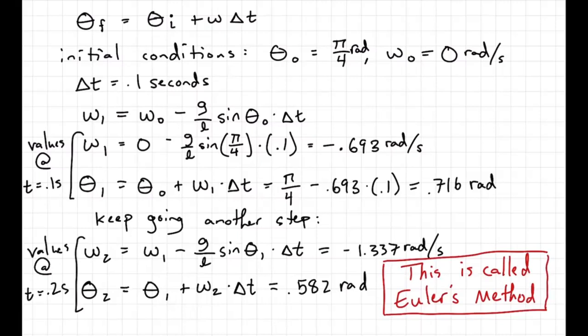You can see that the approximation that we're making is we're assuming that these quantities, this quantity right here, and this quantity, and this quantity, we're assuming those are constant for the time step when they're not. You might be able to make better approximations of their values during the time steps. Like say maybe you would use the average value of theta for a time step, or the average value of omega for a time step. But Euler's method is pretty straightforward, and that's what we'll use here.